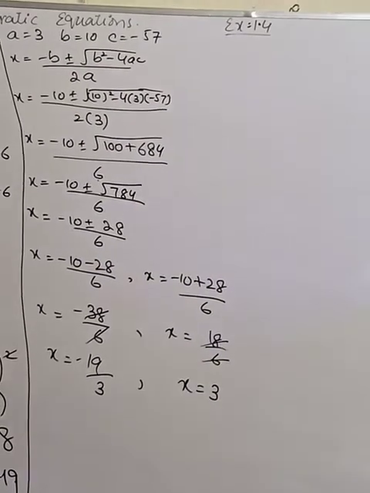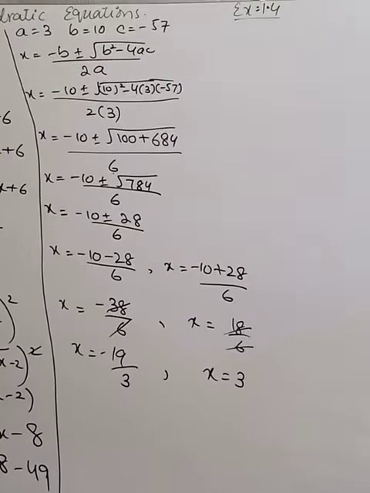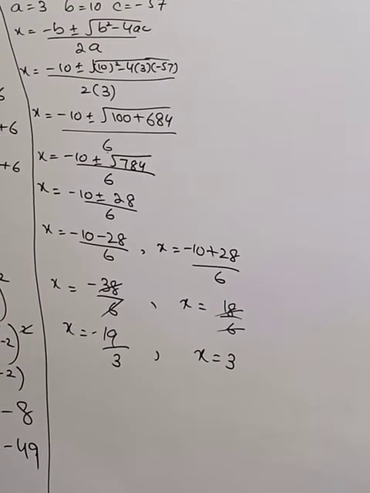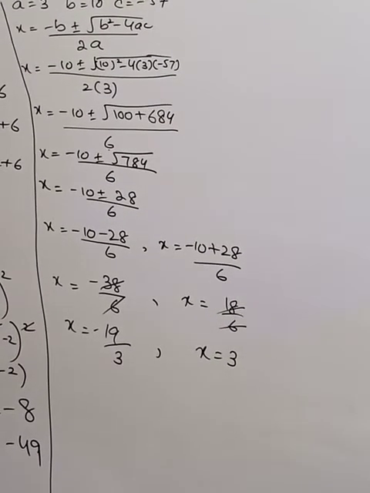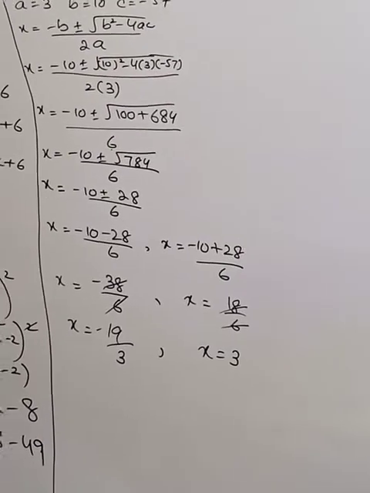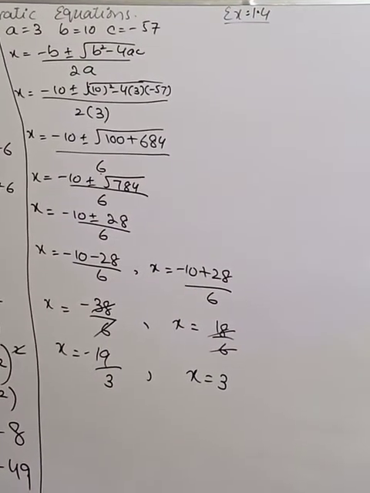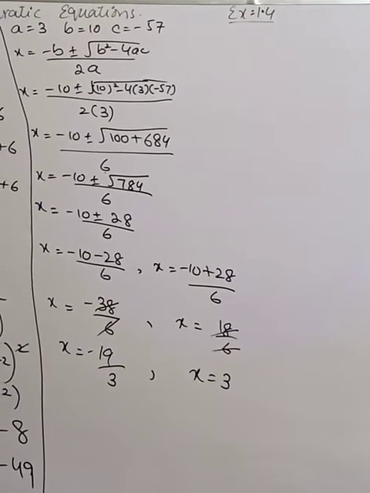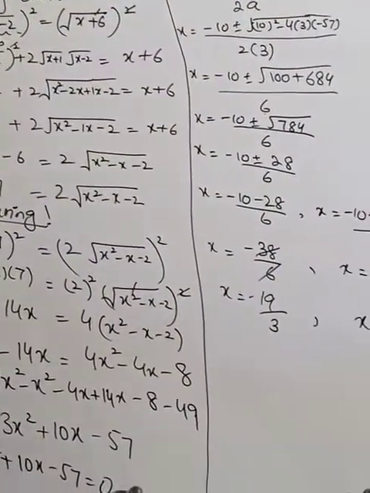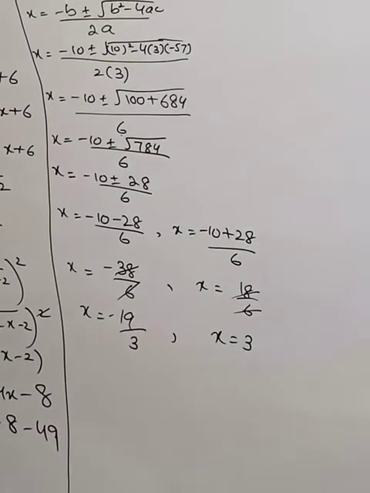If you make its factors, they would be 3x plus 19 and x minus 3. Okay, done. I have solved x for the two answers: minus 19 by 3 and x is equal to 3.